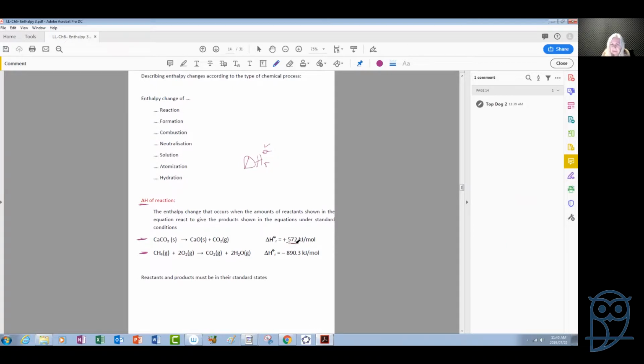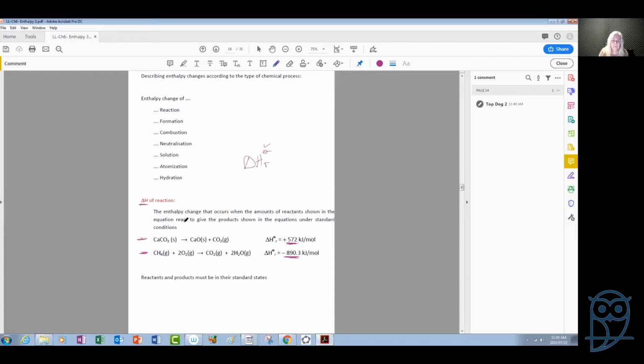These values that were given represent the standard enthalpy change of these two reactions. The top one is a positive value, which means that this reaction is endothermic, as we have seen before. And this one is an exothermic reaction. Obviously, it's a combustion reaction. It's an exothermic reaction. Therefore, the standard enthalpy change is a negative value.